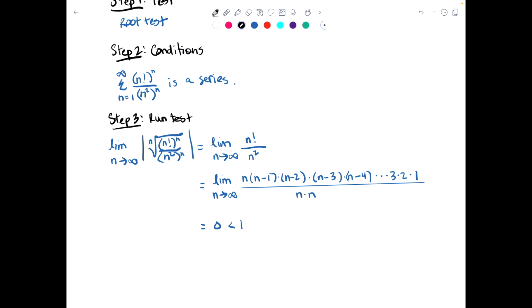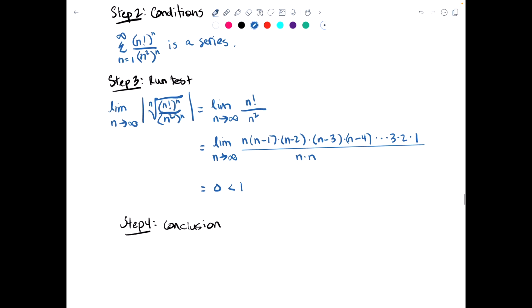And so with our conclusion, step 4, the summation as n goes from 1 to infinity of (n factorial) to the n over, I'll write the original, (n squared) to the n, converges absolutely by the root test.